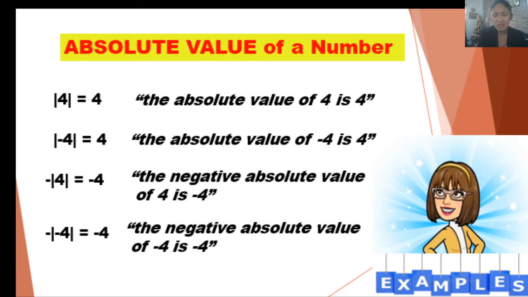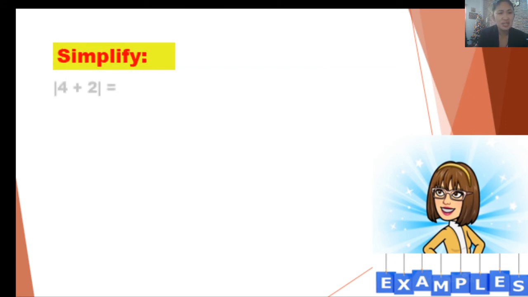Okay, let's try this one. What is the absolute value of 4 plus 2? What will we do? Simplify first. Add the numbers inside the absolute value symbol. So 4 plus 2 is 6. The absolute value of 6 is 6, always positive.